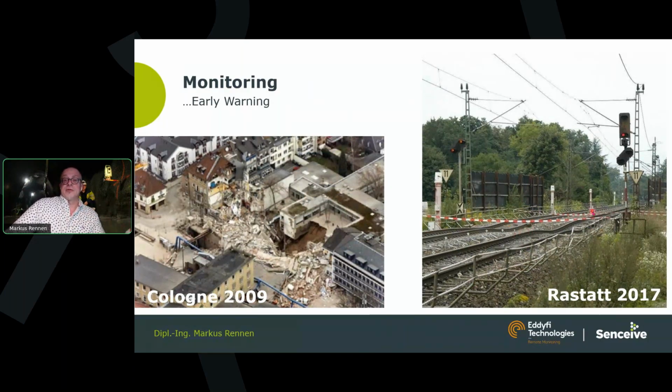Here are the prisms along the rail track, so that basically nobody was hurt.